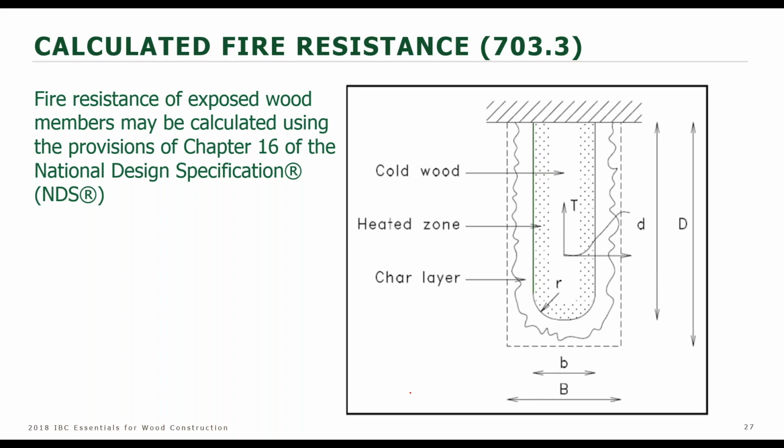They can achieve a rating. The principle is established in the NDS and referred to by the IBC. The principle here is you oversize the member so that it can burn for a certain period of time in the occasion of a fire and still perform its function.